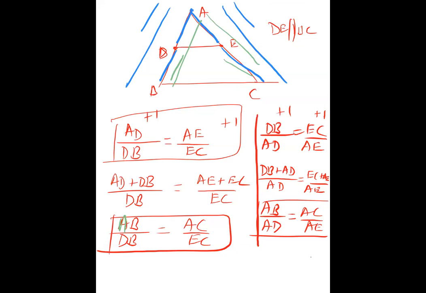So AB by DB is equal to AC by EC, and also AB by AD is equal to AC by AE. These are also corollaries of the first theorem, the basic proportionality theorem.